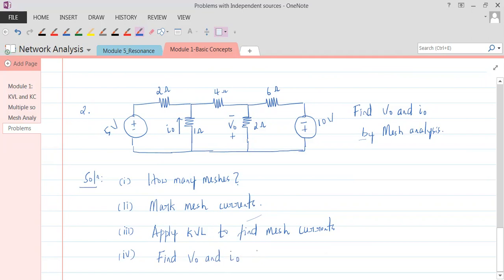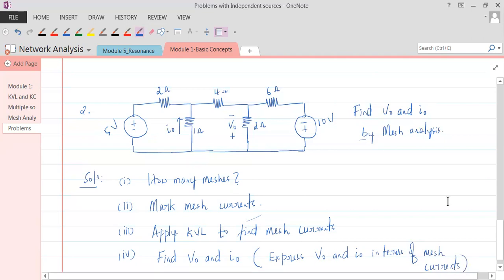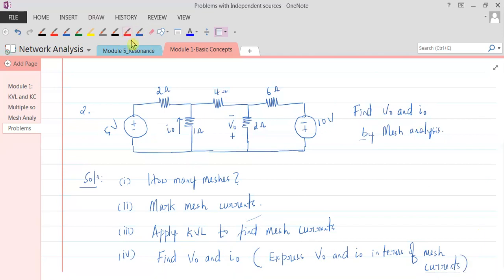How will we find V0 and I0? Express V0 and I0 in terms of mesh currents. So this is what you will do. How many meshes are there?